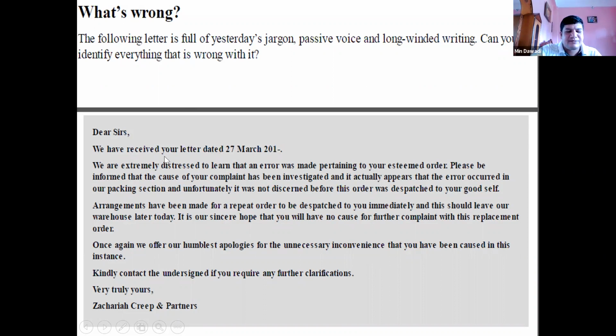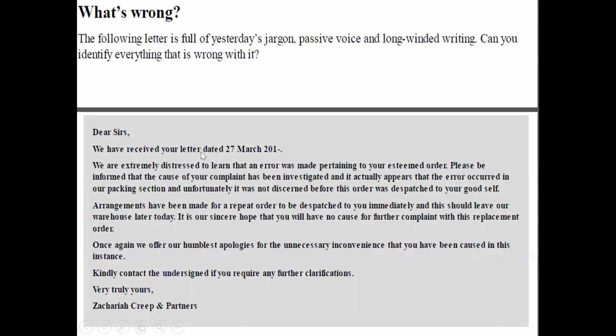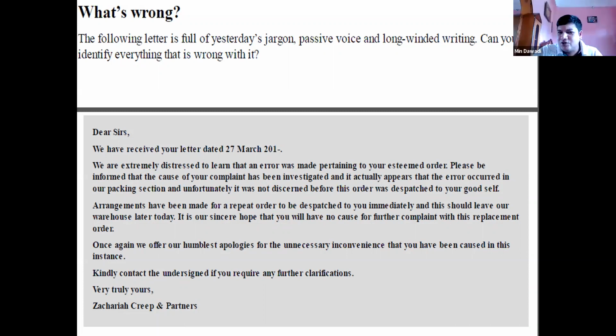Okay, so we have received, what I told you yesterday about this type of expression. Is it good to use such kind of expression? Is it modern language? It's not.